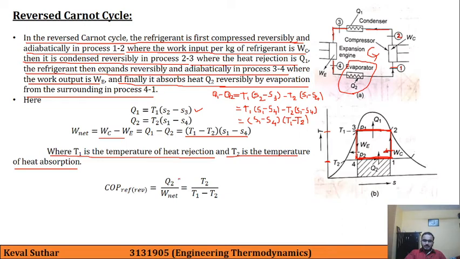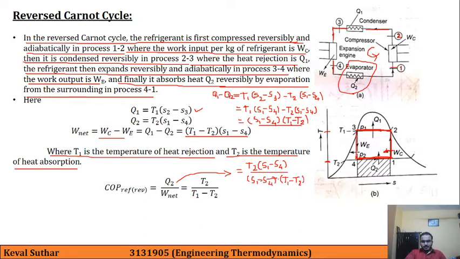Even though it is written directly, we can do it over here: instead of Q2 we put T2 into S1 minus S4, divided by, instead of W net, this formula obtained over here, S1 minus S4 into T1 minus T2.